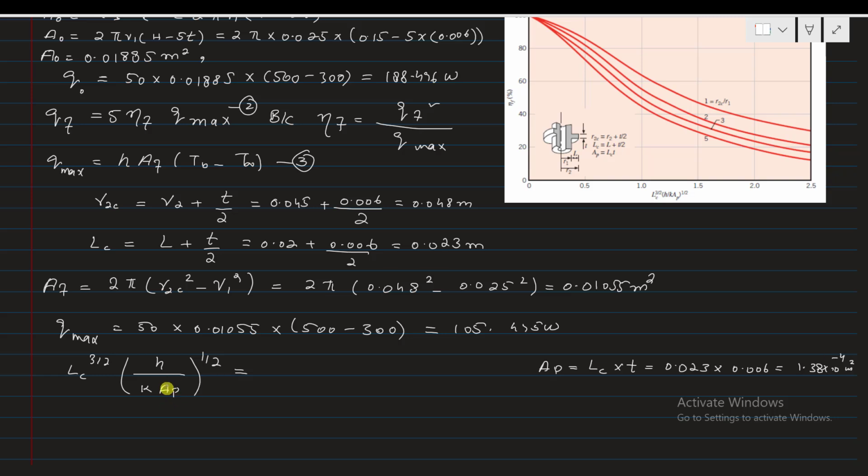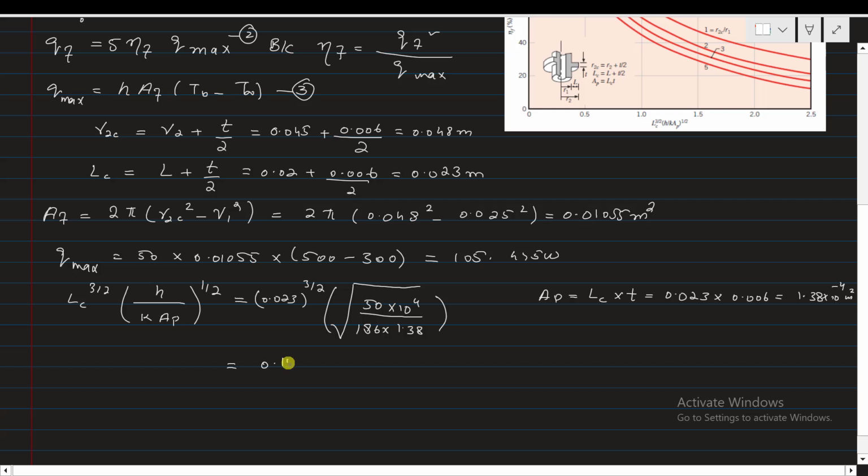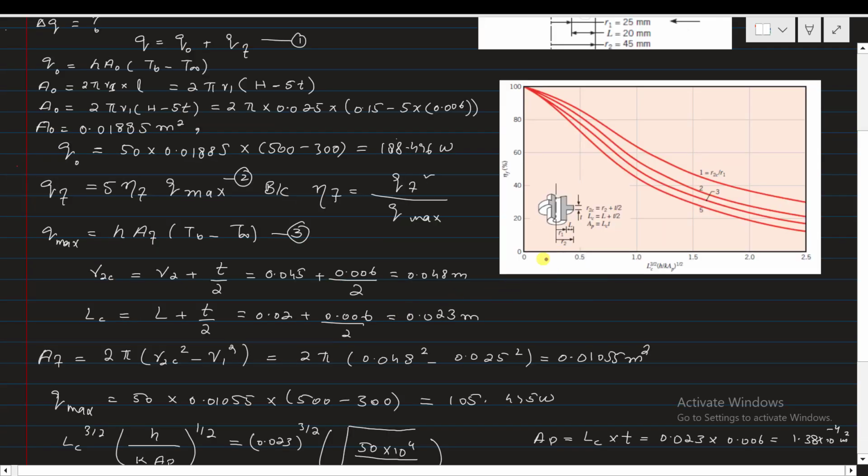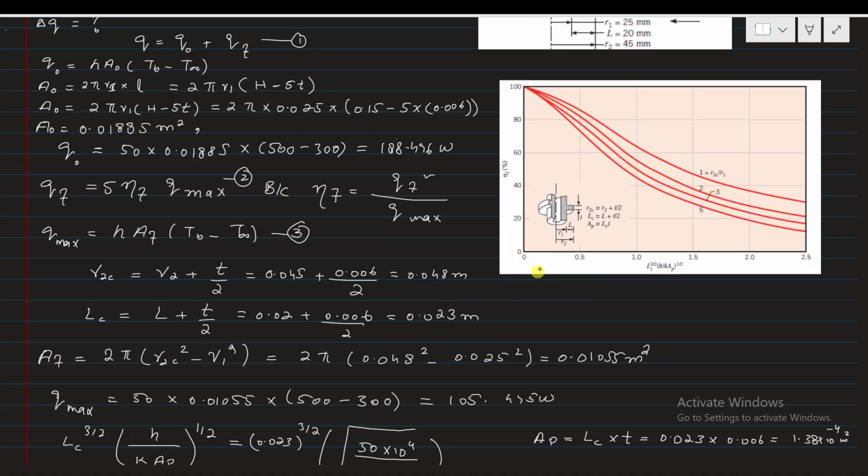Now put all the values of the corresponding variables in these equations to find the axis of this graph to find the efficiency of the fin. So it is 0.15. So the axis of this graph we get in the problem, that is 0.15. So here at the mid we will get 0.25.